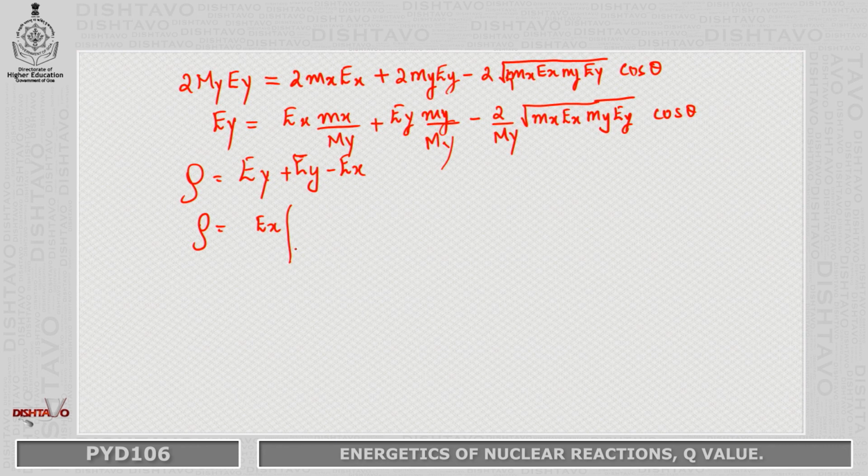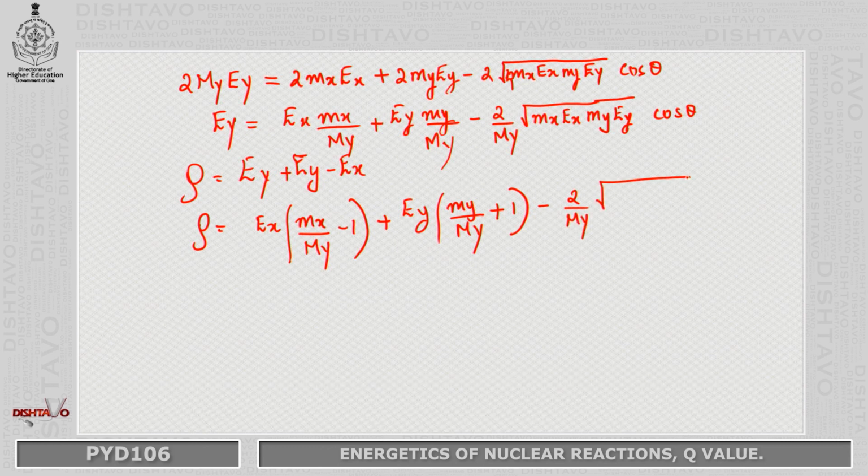So that will be equal to Ex into mx by My minus 1, this minus 1 is for this, plus E small y My divided by My plus 1, this plus 1 is for this, and this term remains as it is, square root of cos theta.